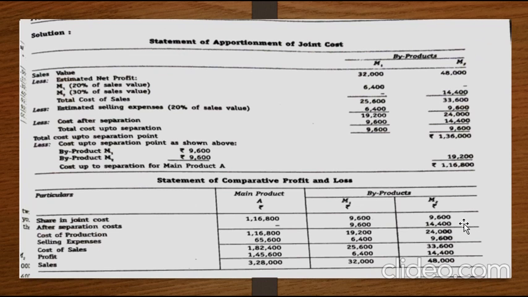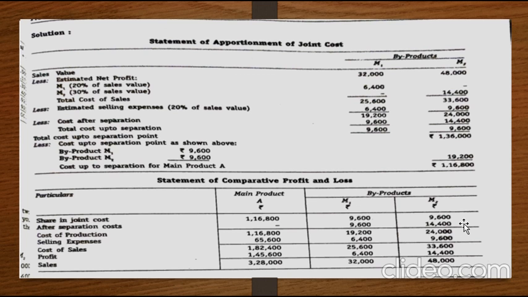So 32,000 into 20% will give you 6,400. So your selling expense is a percentage on your sales value. So it is 20% for all the three, main product as well as byproducts. So 6,400 you have got. Then for M2, 48,000 is your sales value into 20% will give you 9,600. So you have got 9,600.